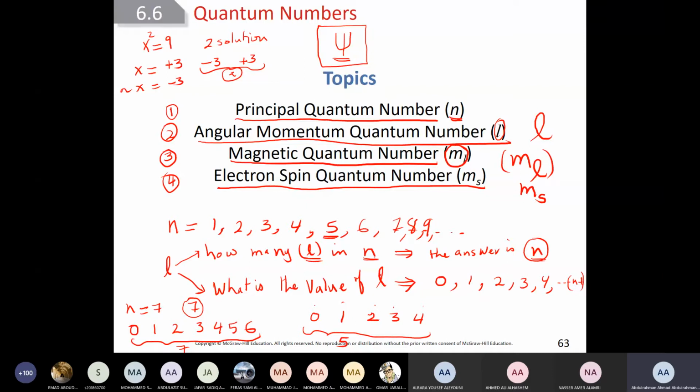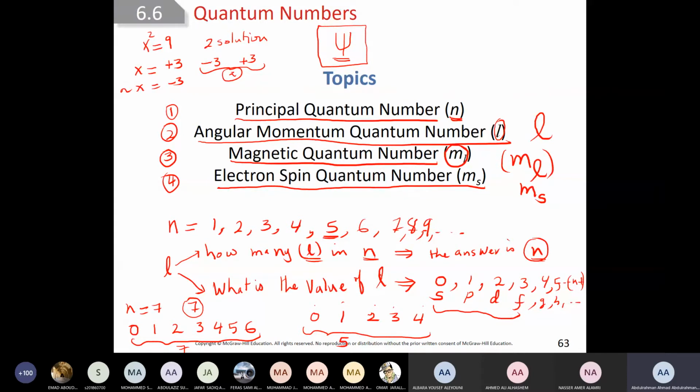Instead of calling them 0, 1, 2, 3, 4, we're going to call this one S. We're going to call the one P. We're going to call the one D. 2 is D, and 3 is F. And if you want 4, we'll never reach this, but we can have G. If you want 5, it's called H, and so on. But that's not important. So this is another way of saying the numbers. Instead of saying 0, 1, 2, 3, we're going to call them S, P, D, F.